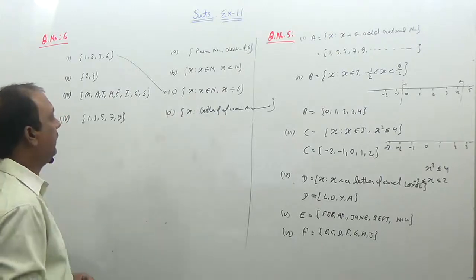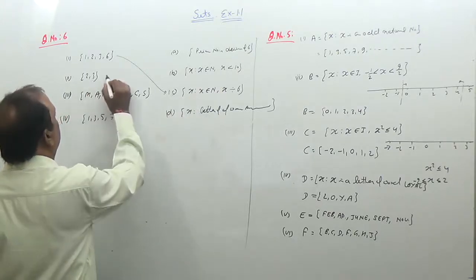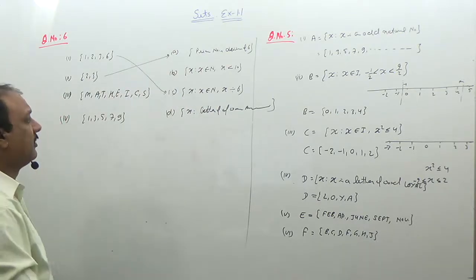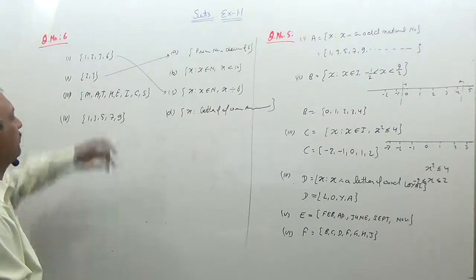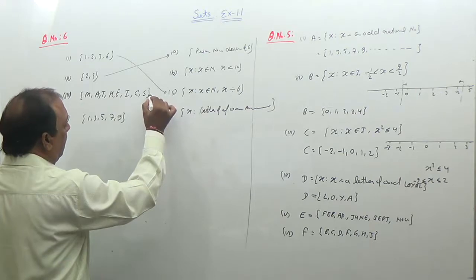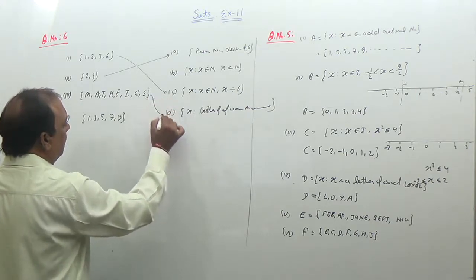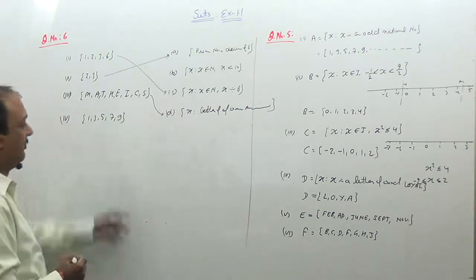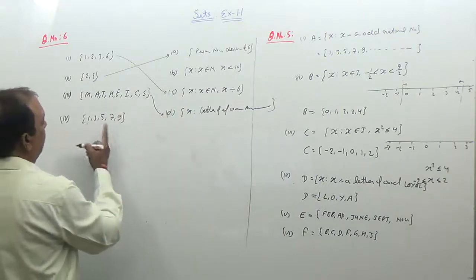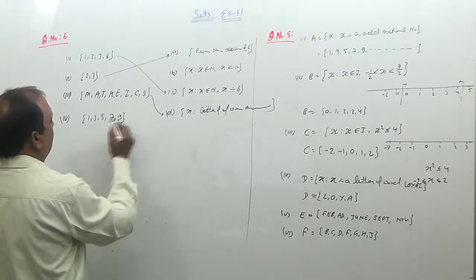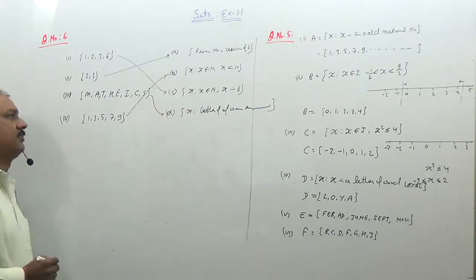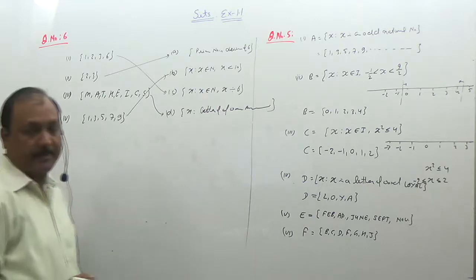Next is 2, 3. Both are prime numbers which are divisors of 6. Next is MATH, the set of letters of the word mathematics, so this matches with this. And next is 1, 3, 5, 7. These are the odd natural numbers which are less than 10. So the fourth match you get in part B.